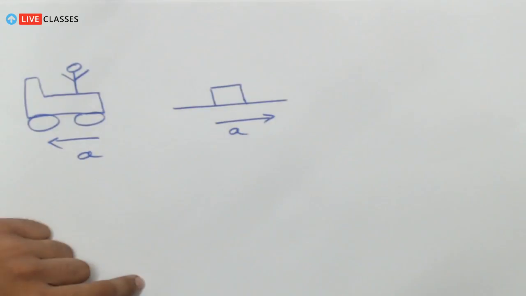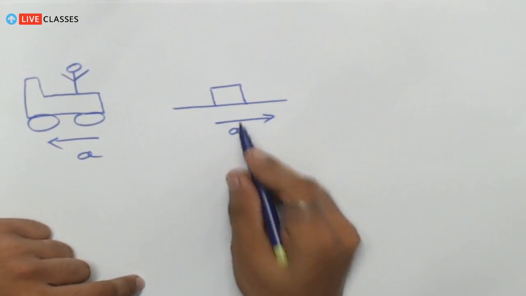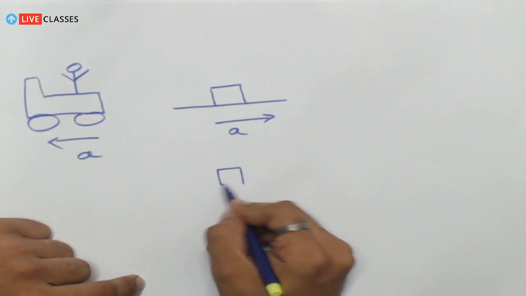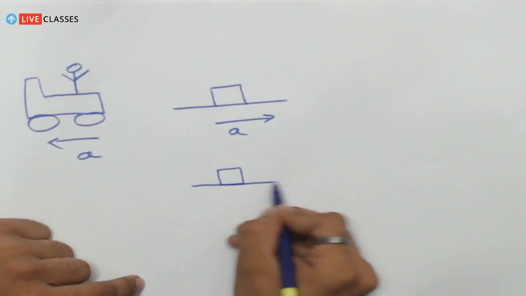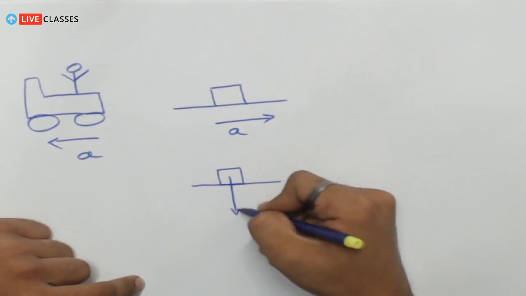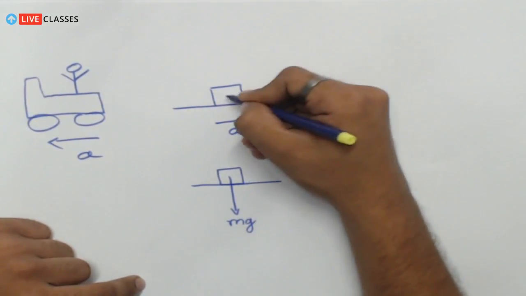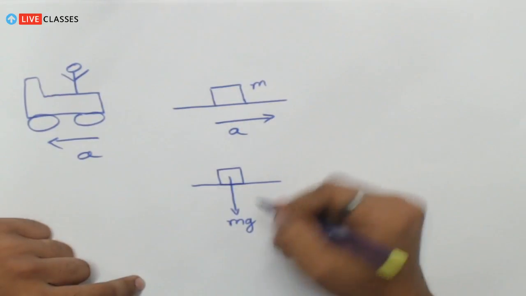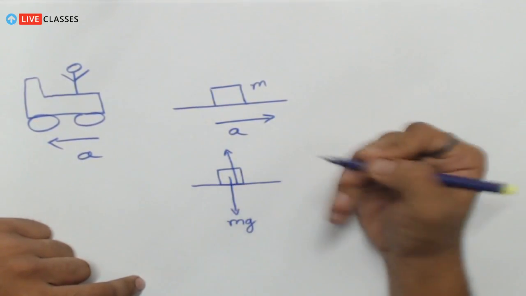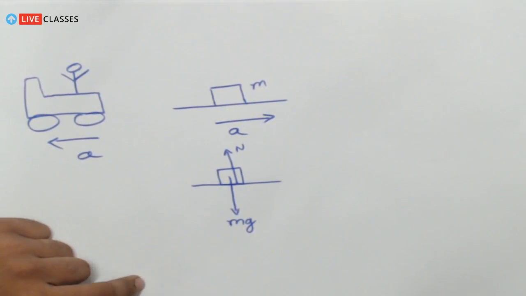But when the man draws the FBD of this block, what will he notice? Let's draw the FBD then. So this block is there, on the ground. mg will be there. As usual, gravity is everywhere. The mass of the block is m. Since mg is there, normal force will also be acting. Let's name it N. And what else will he see?